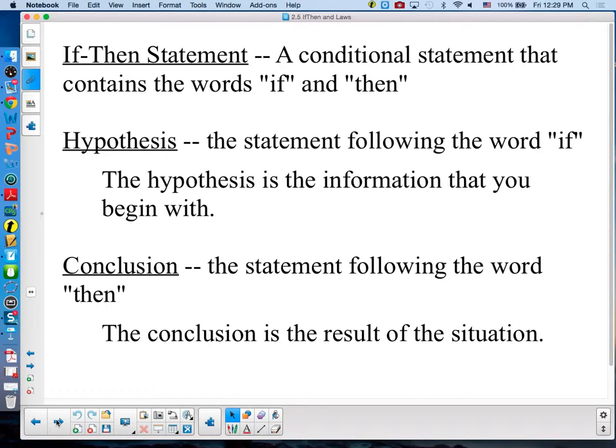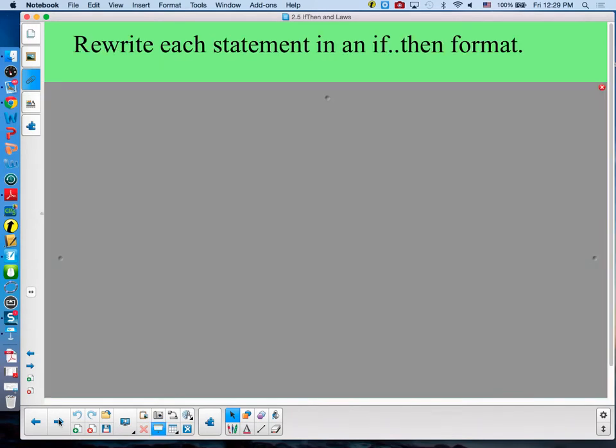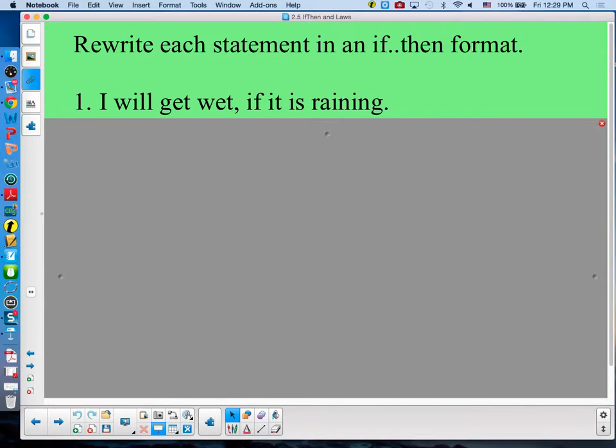Okay, I think everyone's done with the notes. We did some samples and we identified hypothesis and conclusion. Okay, I'm going to give you a statement. Is that color okay? It's kind of dark, I think. Let's see. Okay, this one says, I will get wet if it is raining. So notice it doesn't have the words if and then in there. I will get wet if it is raining.